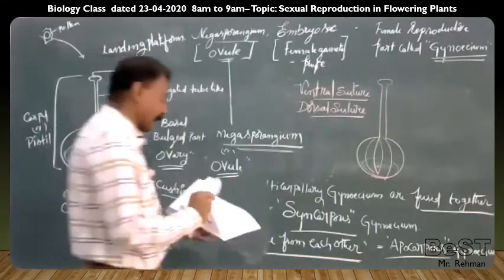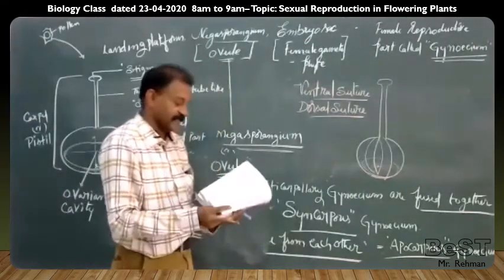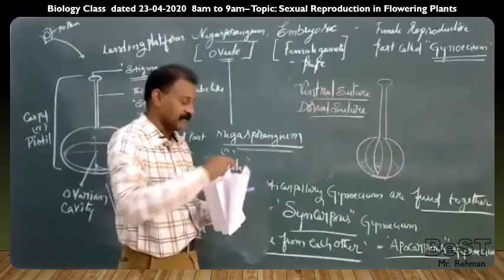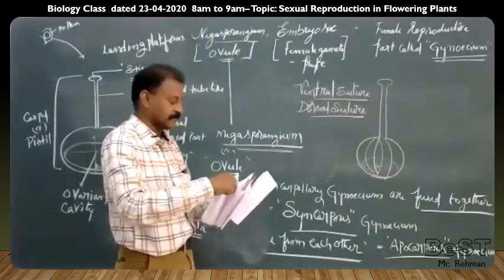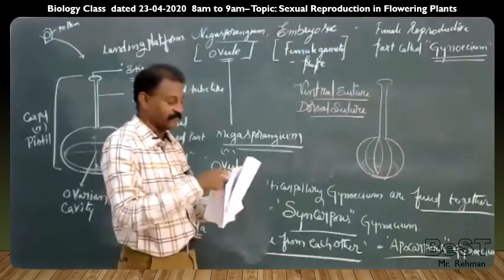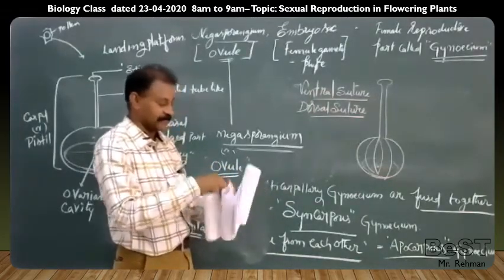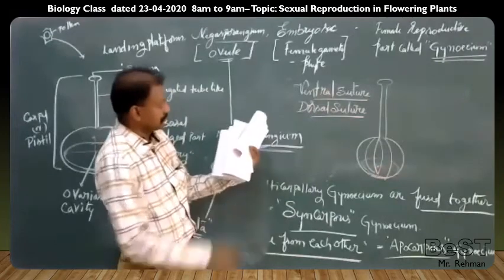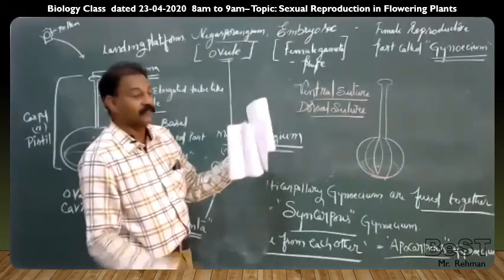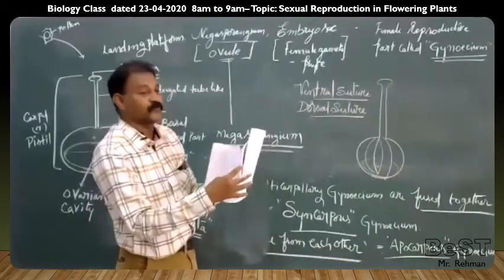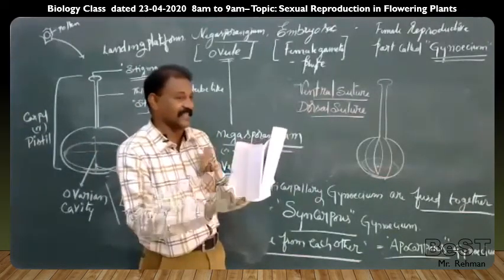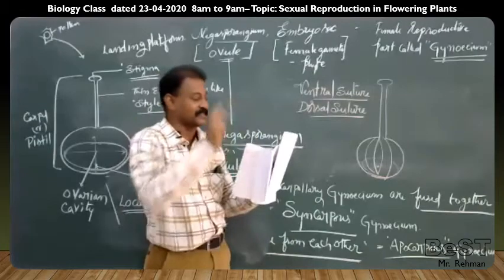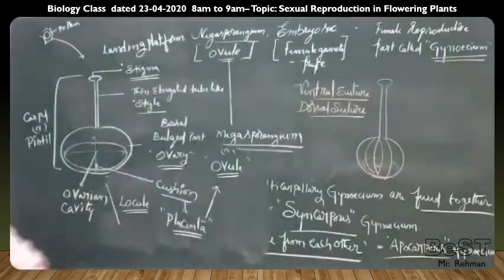Now, apocarpous condition. In apocarpous condition, each and every carpel is separate, free from each other. They are not fused together, they do not look like a single carpel, but each and every carpel is freely seen.